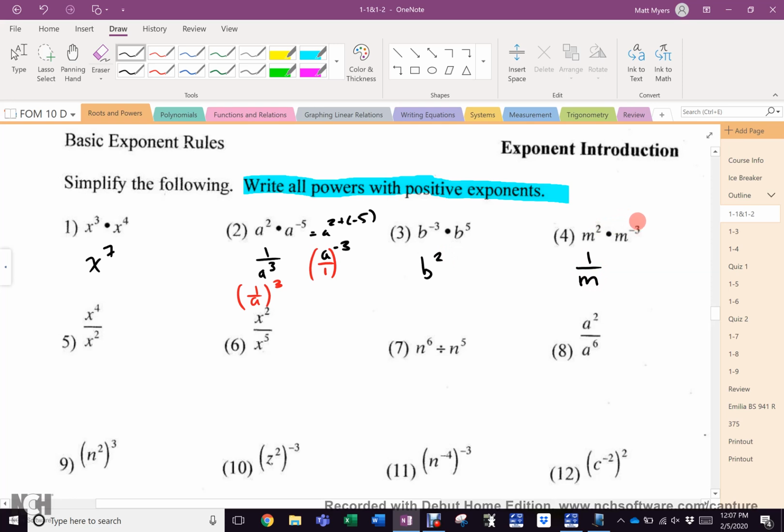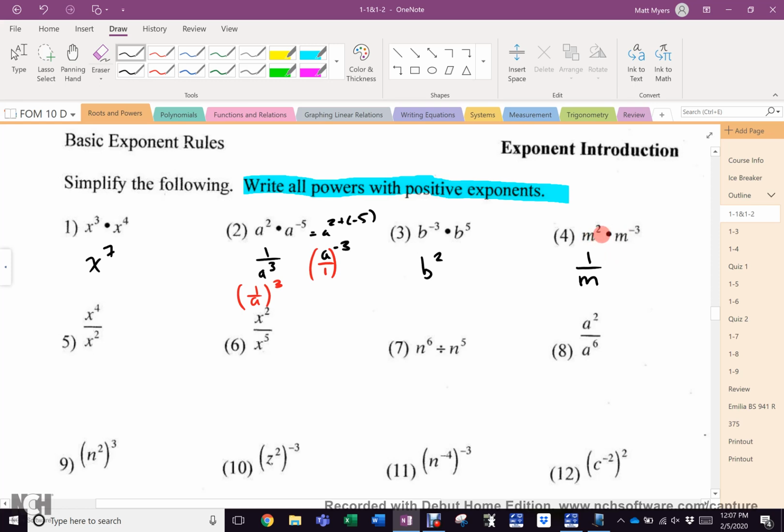Negative 1 is not allowed as an exponent. So we have to reciprocate it, and then we don't write 1 as an exponent, so we leave it blank. Now remember when I said earlier, if you just memorize the 7 rules, you will probably pass. If you are happy with that, then just memorize the 7 rules. If you want the B's and the A's, then understand what is actually happening here.